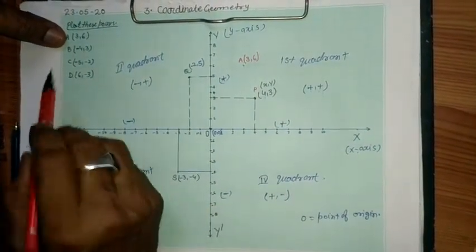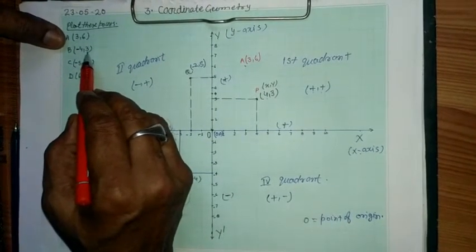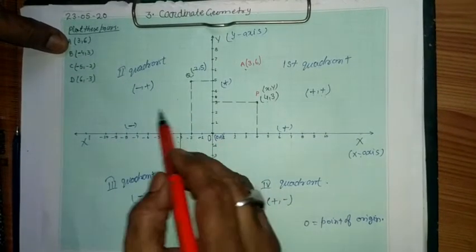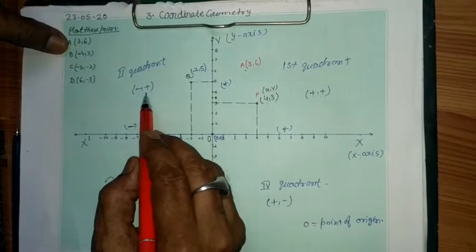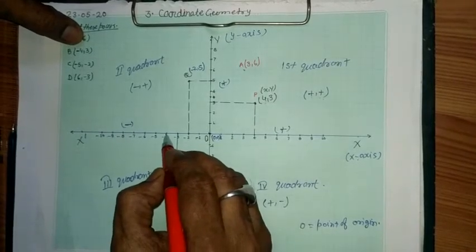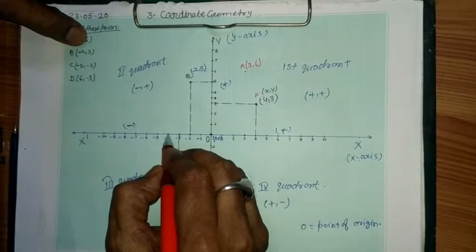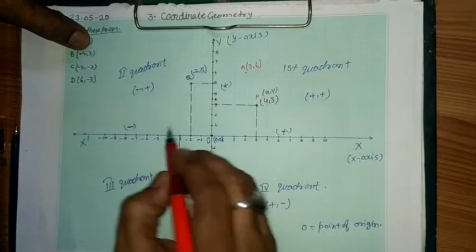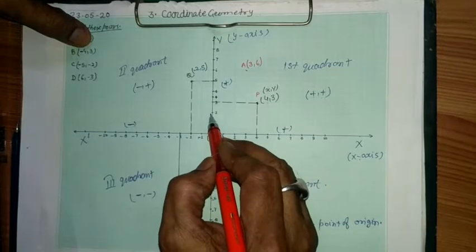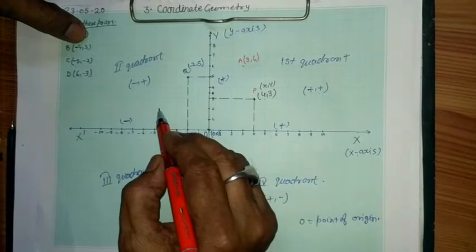Similarly, point B, whose coordinate is (-4, 3), its sign is minus, plus. That's why it will lie in the second quadrant. From -4 we draw a line parallel to the y-axis, and from 3 on the y-axis a line parallel to the x-axis, and they intersect each other.